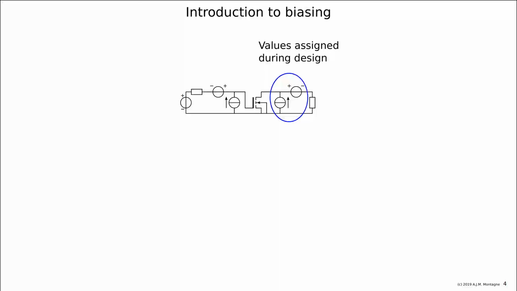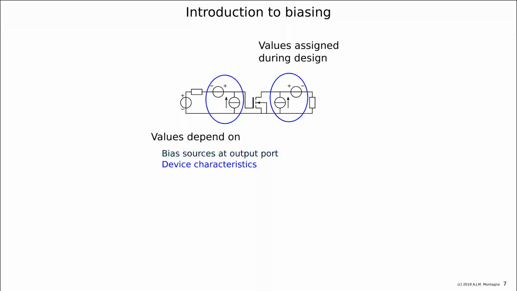But of course, we cannot get the current and the voltage at the output if we don't apply anything at the input, because the transistor is a passive device and there is no reverse transfer. So the values at the input depend on what we want at the output, of course, the device characteristics, and the temperature.